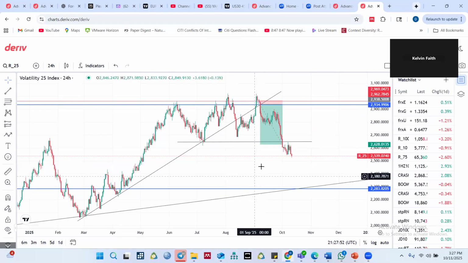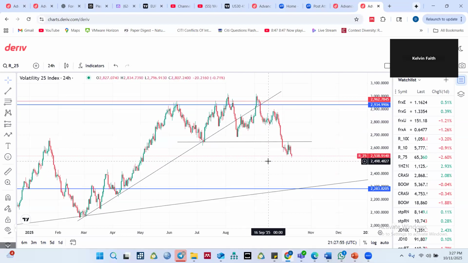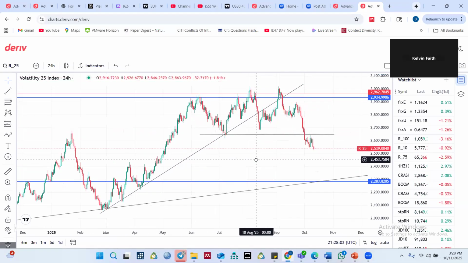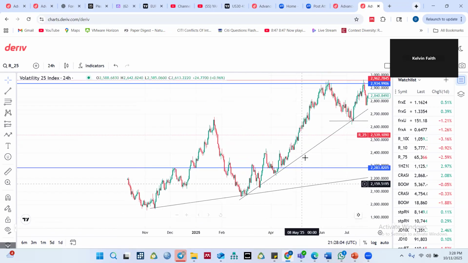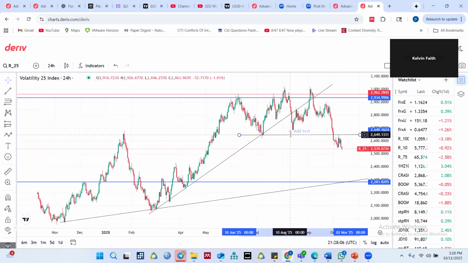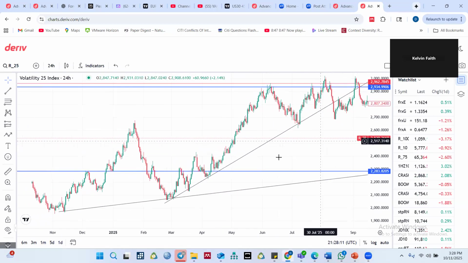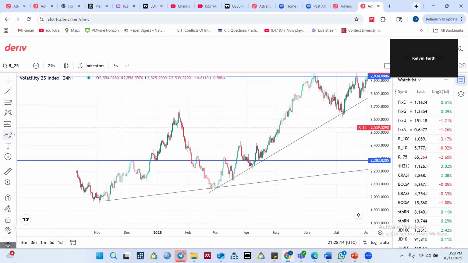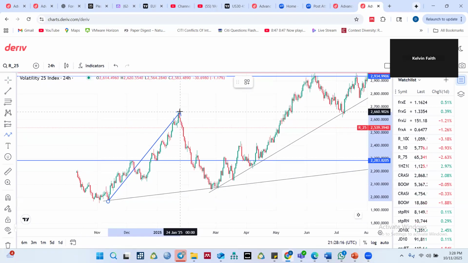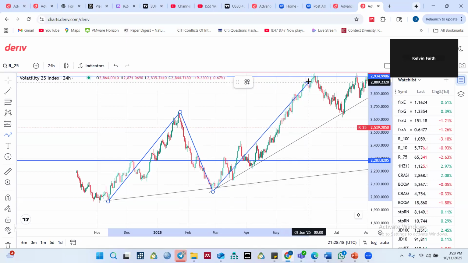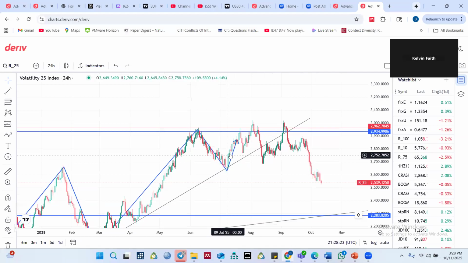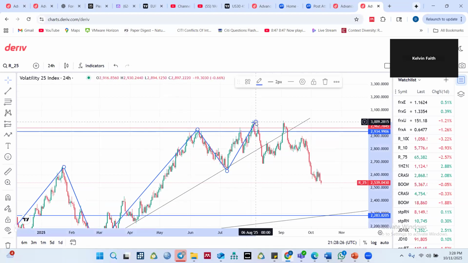So that is one way. You can use the higher time frame where you started the analysis from, because that tells you where the market is going itself. For example, if we want to use market structure to define this chart, we can say that we have high, low, high, low, higher high.